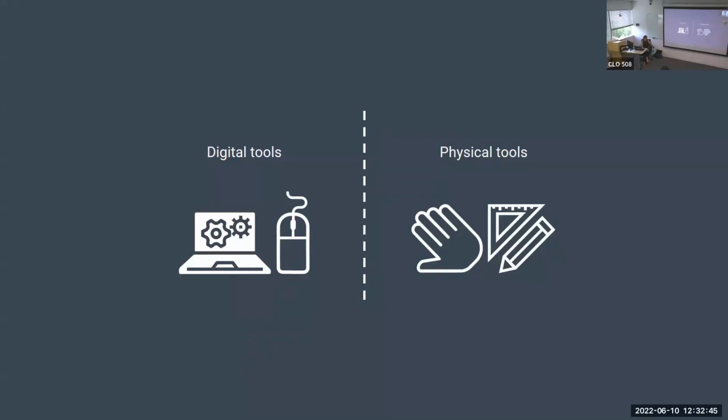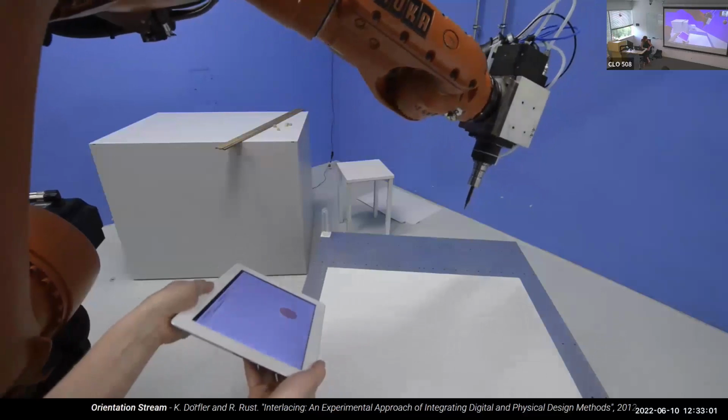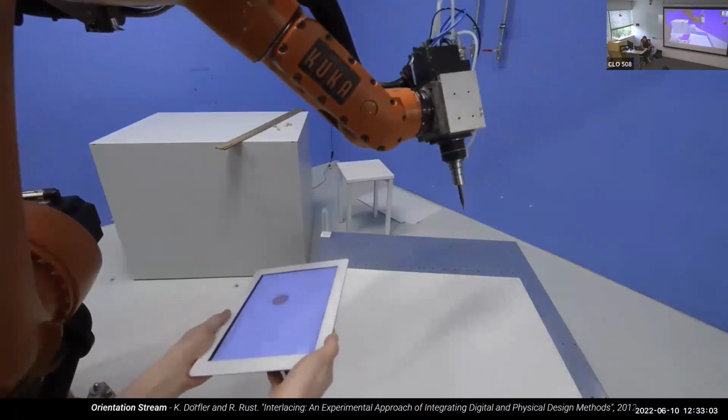Like I said, it's a detour that started 10 years ago with my colleague Katrin Dörfler and me. We investigated how to purposely combine the two worlds, digital and physical, by using a robot.